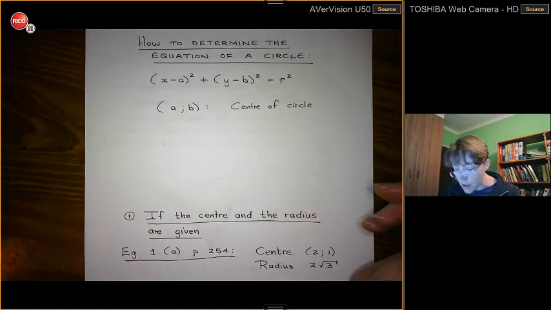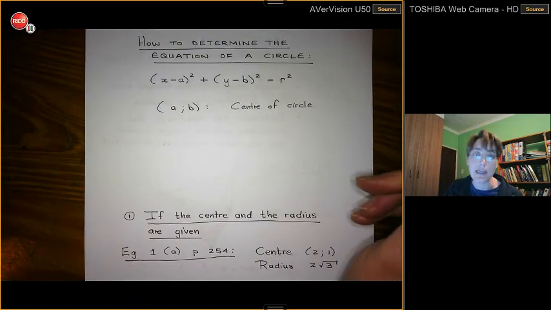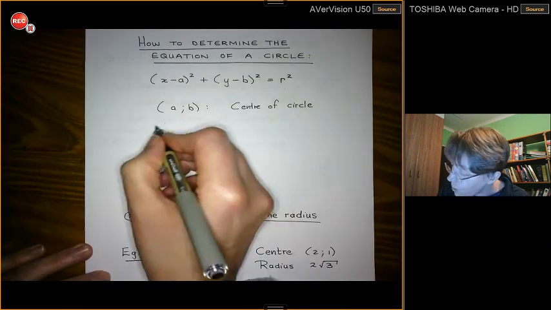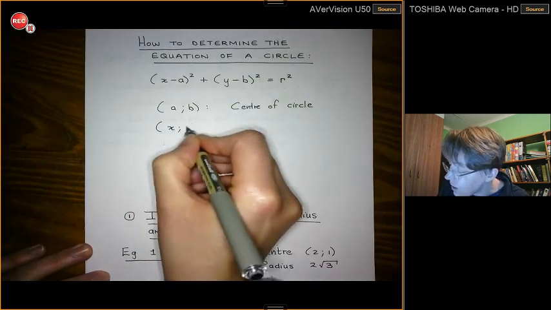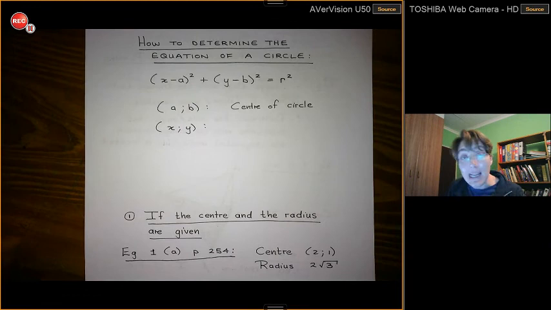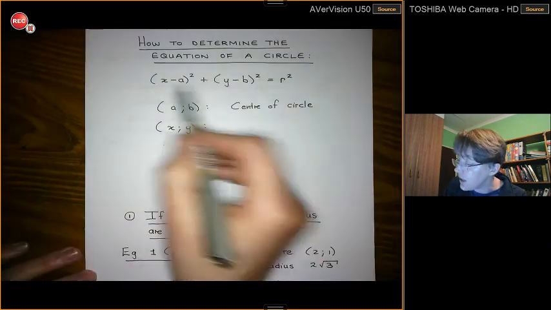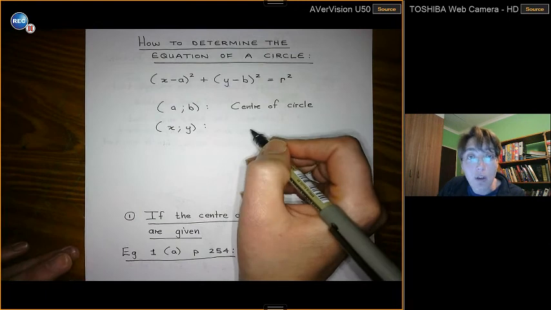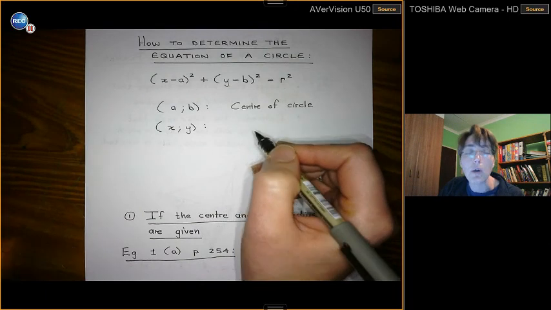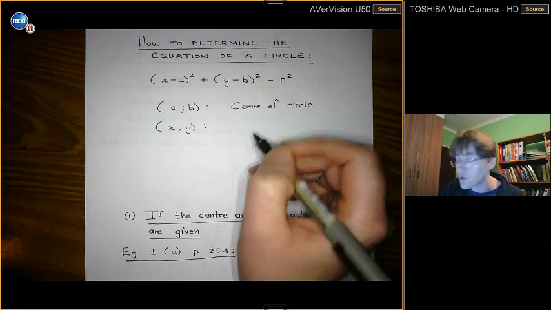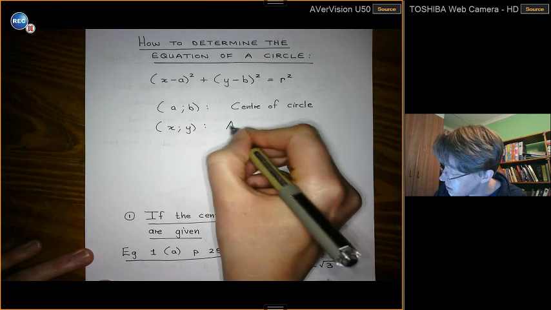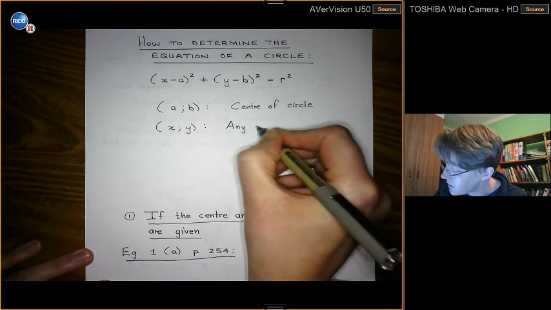They put a dot in it, they put a pin in it, so we have to have a center point. Whereas x, y can be any of those billion little tiny points on the circumference of the circle. So when you have that xy, that's going to be any of the coordinates on the circumference of the circle. They also call it a point on the circle. Remember, that's any point on the circle.